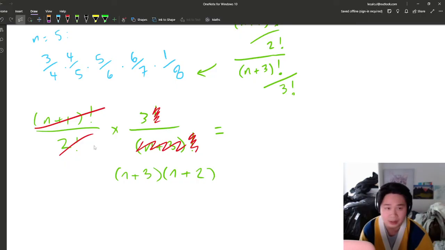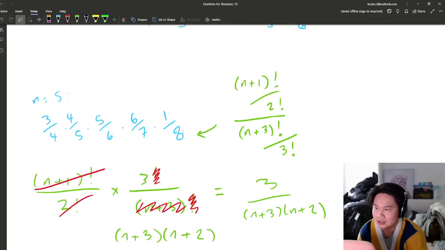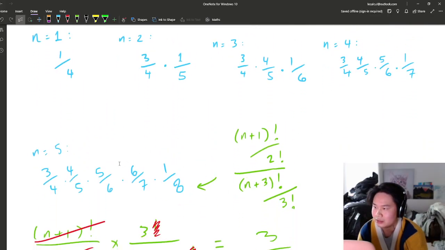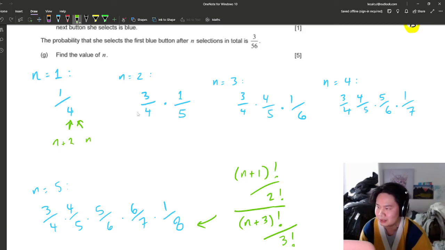Okay, so then your formula becomes 3 over n plus 3 times n plus 2. Hey, this is kind of what we had earlier. And then this is a 3, because all of these had 3. Except for this one. Wait. Maybe I was onto something, but this was throwing me off. If this is n plus 1... Or sorry, we said it was n plus 2 and then n plus 3, right?